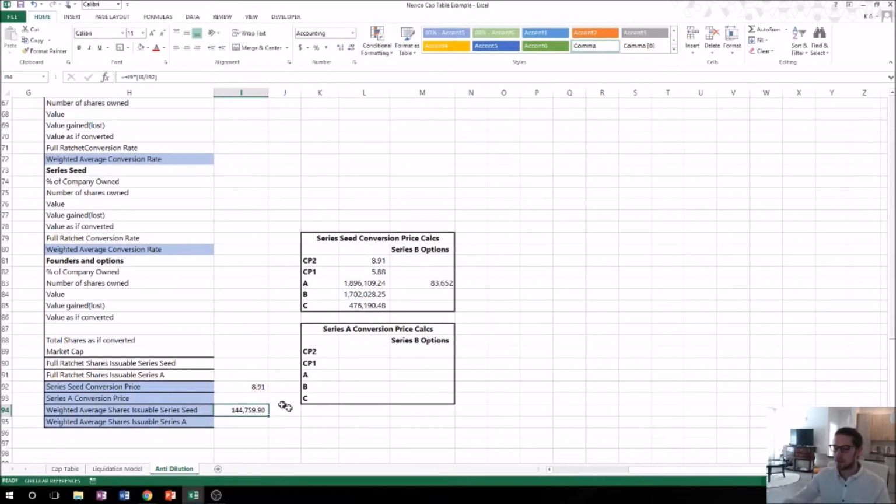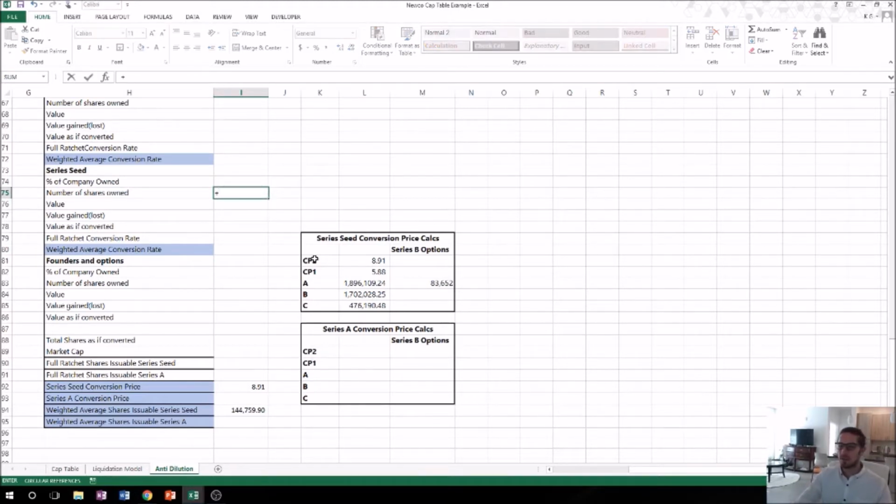Obviously, that's fewer shares than we currently have, so we don't want to take that. However, what that does is it gives us a number to input here in number of shares owned if it's a greater number. So we'll go into Series Seed number of shares owned, and we'll do the if statement that's required there in order for it to function properly.